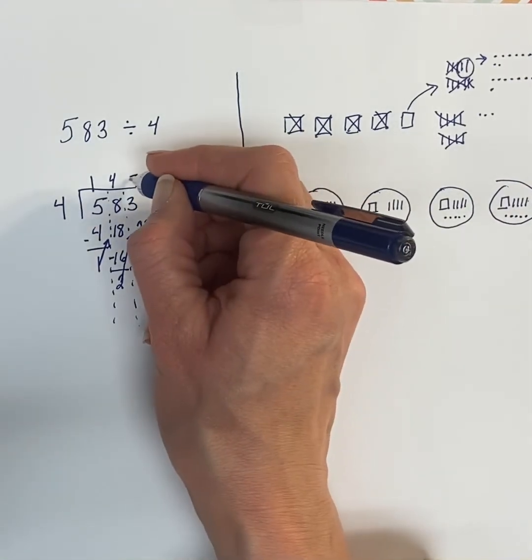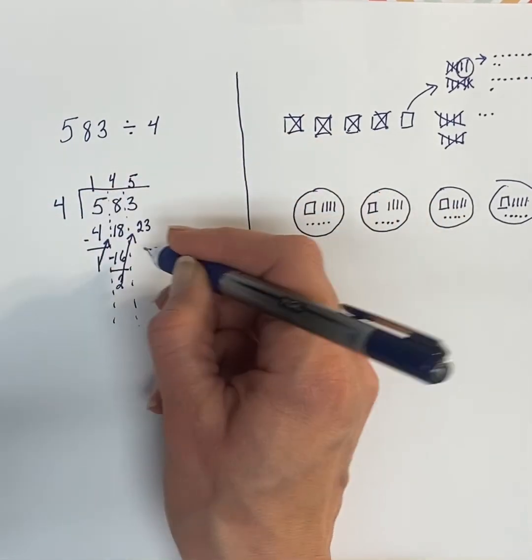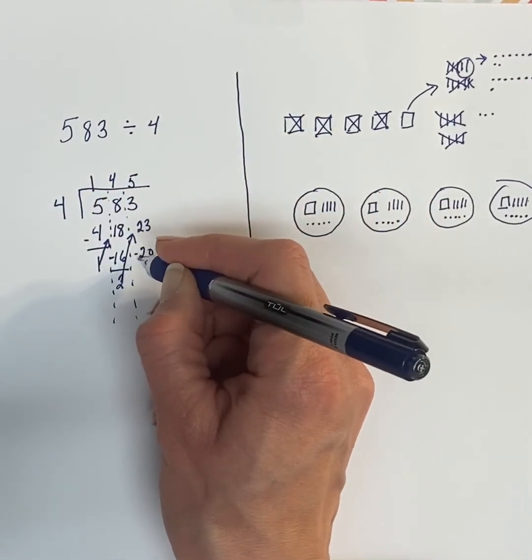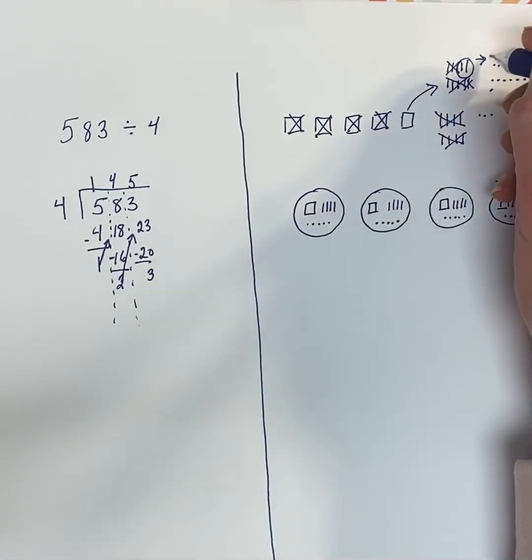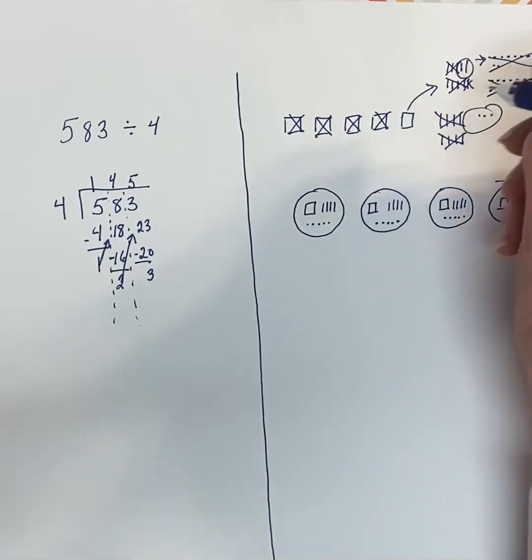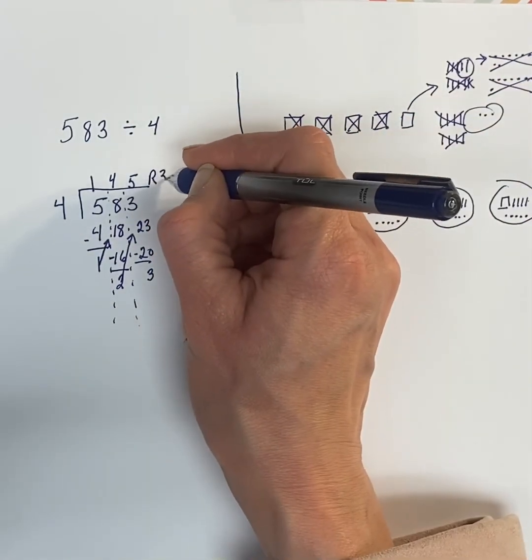We put 5 evenly into each of the groups, meaning that we've used 20 ones total. We should see that we have 3 left over once we cross out all those that we've used. We've used those 10, we've used those 10, we have 3 left over. There's your remainder of 3.